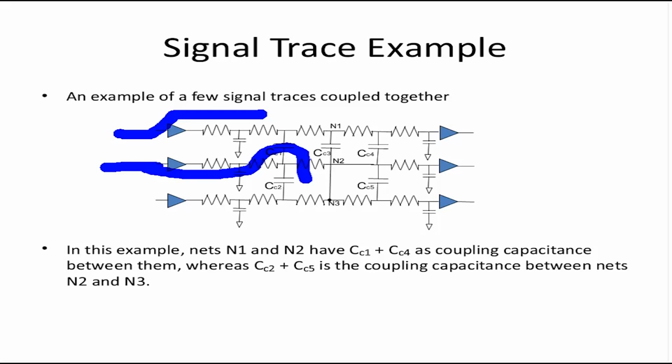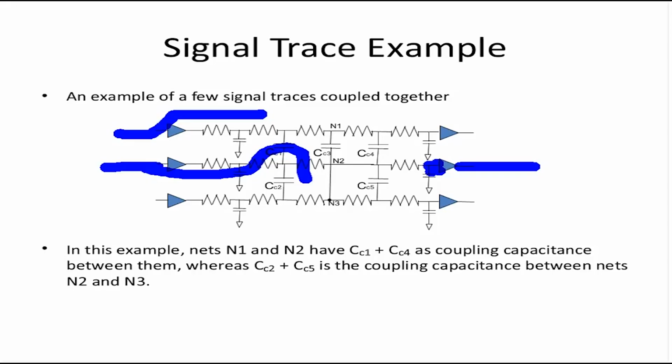Because the aggressor is changing to 1, it can cause the voltage at N2 to rise to a certain value, a bump. If this bump is greater than the noise margin of this buffer, then the logic value at the end of the buffer will not remain 0, and it will again show a bump. This is called noise.